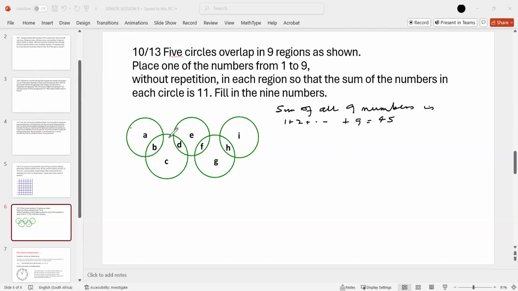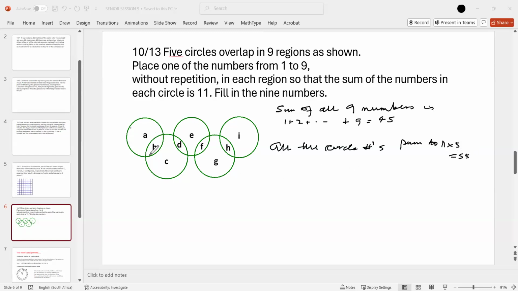But now you know that each of these circles adds up to 11. So all the circle numbers sum to 11 times 5, which is 55.